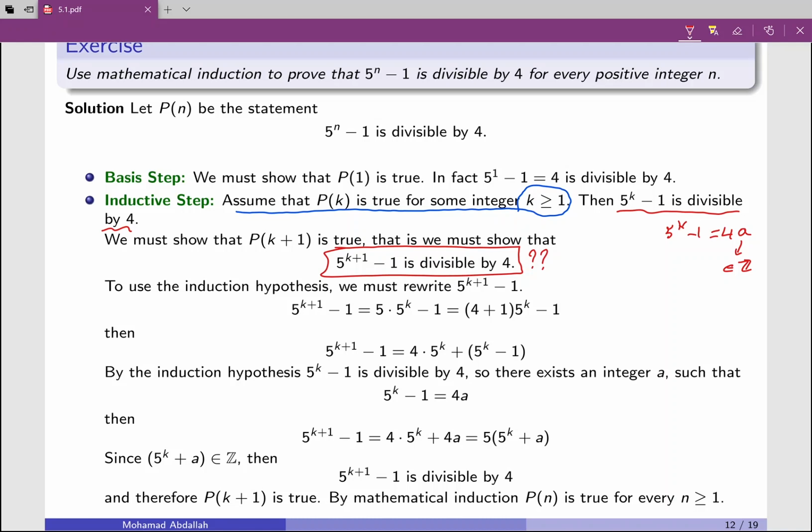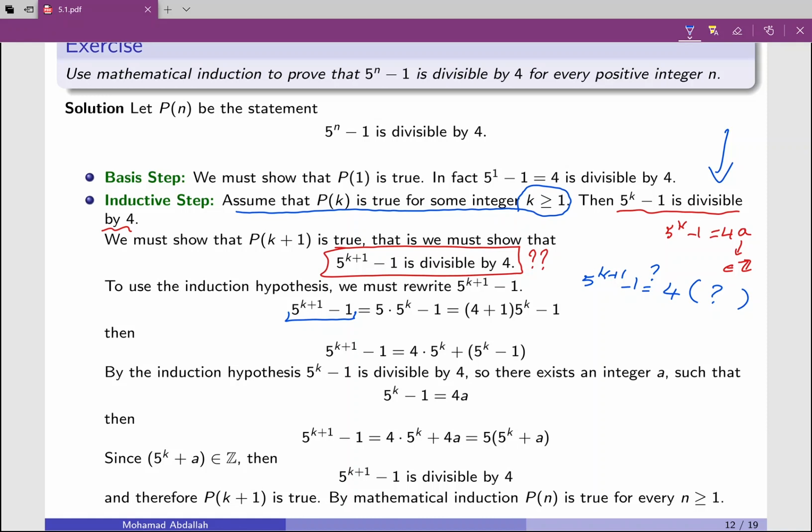Now, the logical thing is to try to start from 5 to the power k plus 1 minus 1, and your goal is to write this as 4 times something. You cannot do proof by induction without using the induction hypothesis, which is this assumption right here.